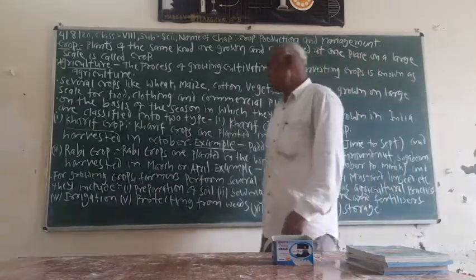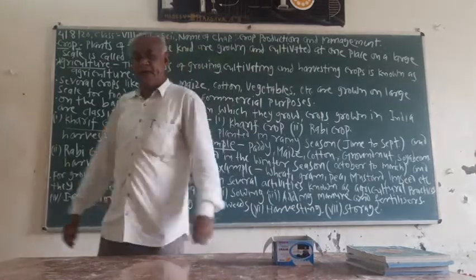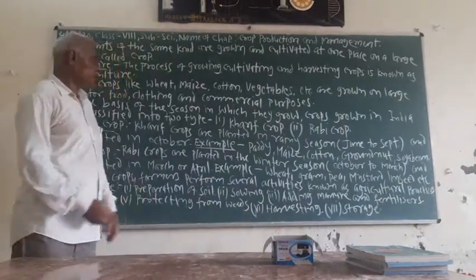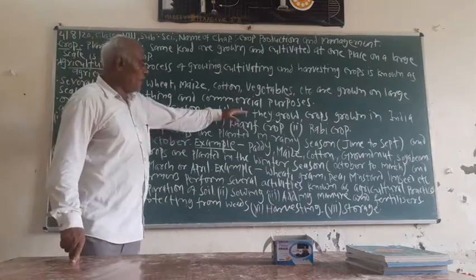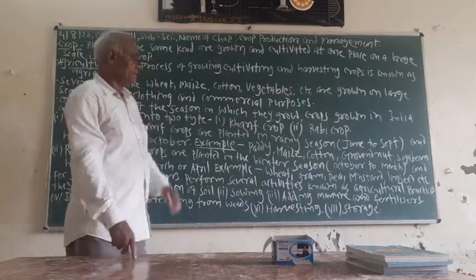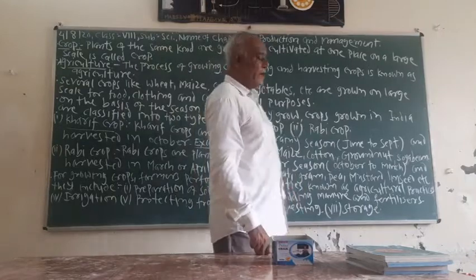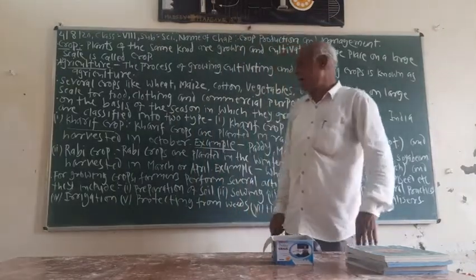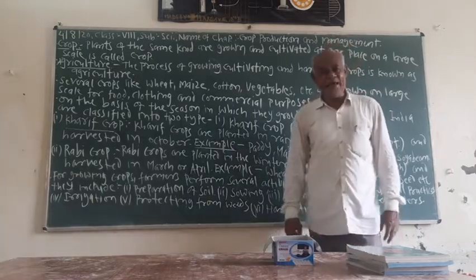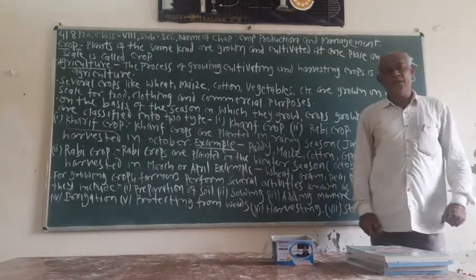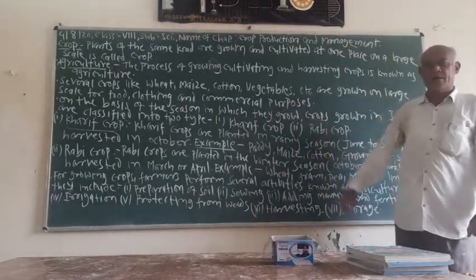On the basis of the season in which crops are grown in India, they are classified into two types, that is Kharif crop and Rabi crop.